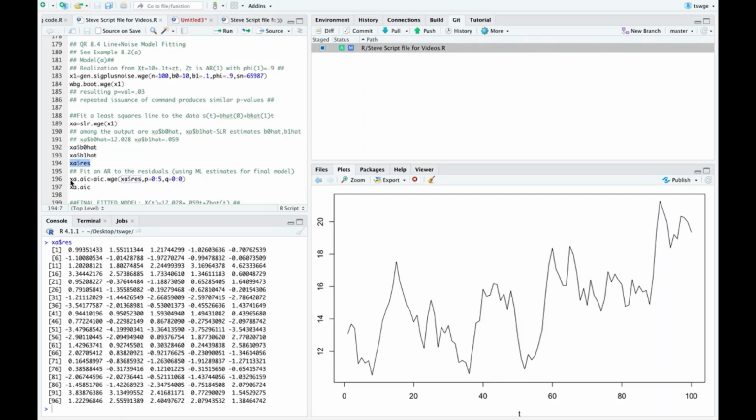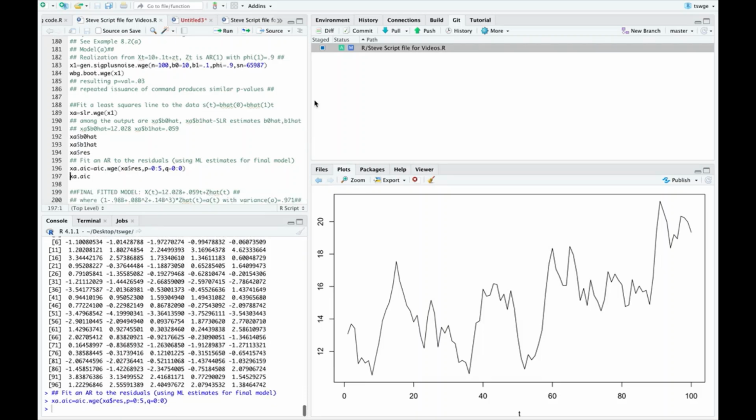And how do we do that? Well, that takes us back to some previous things where we're trying to just get the model identification. So aic.wge, we're trying to do this for the residuals. We'll let p go from 0 to 5 and let q go from 0 to 0. In other words, we're making this an AR. So let's run that real fast and see what that gives us. We'll do command return again so I don't have to highlight the whole thing.